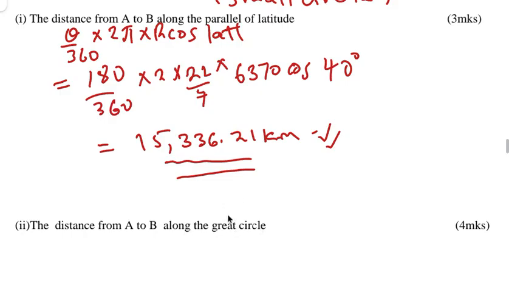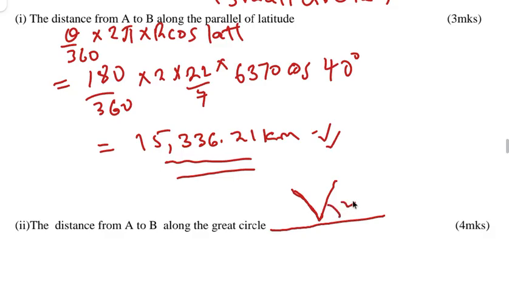For you to get the great circle, you cannot say 40 plus 40, no. So usually we draw. If it is a great circle and there's a difference in longitudes, you draw something like this. Though we are not encouraged to do that, there's a different method, but you can apply this method if you want to.